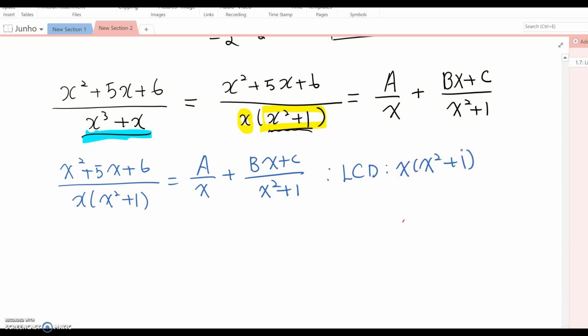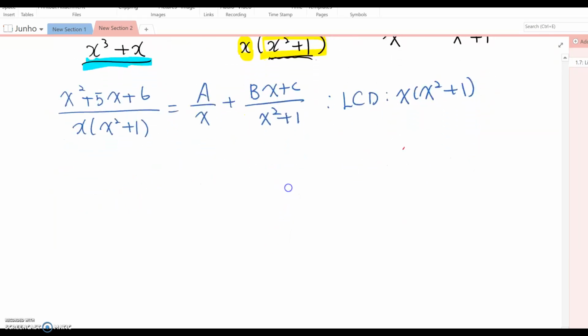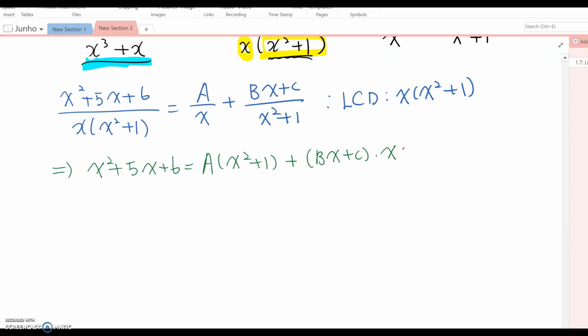As we do all the time for this type of question, we multiply the LCD on both sides. Then it's x squared plus 5x plus 6 equal to A times (x squared plus 1) plus (Bx plus C) times x.